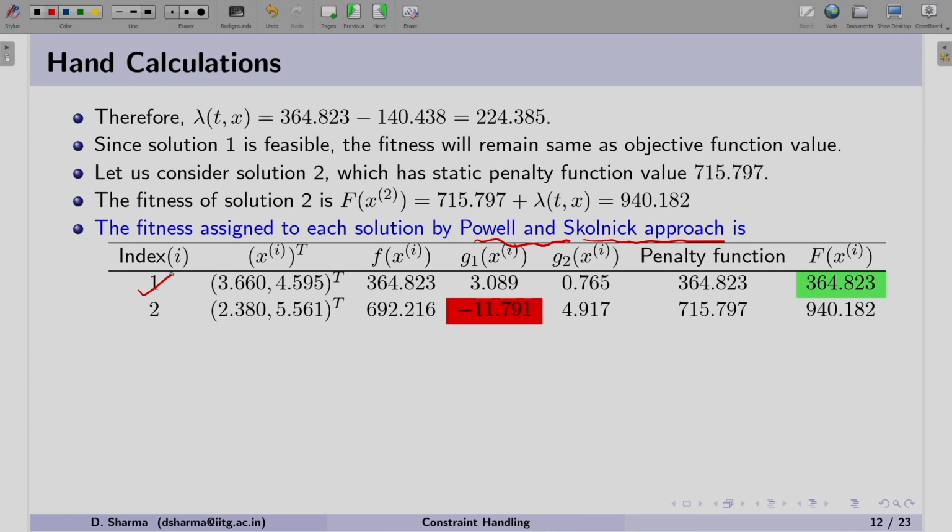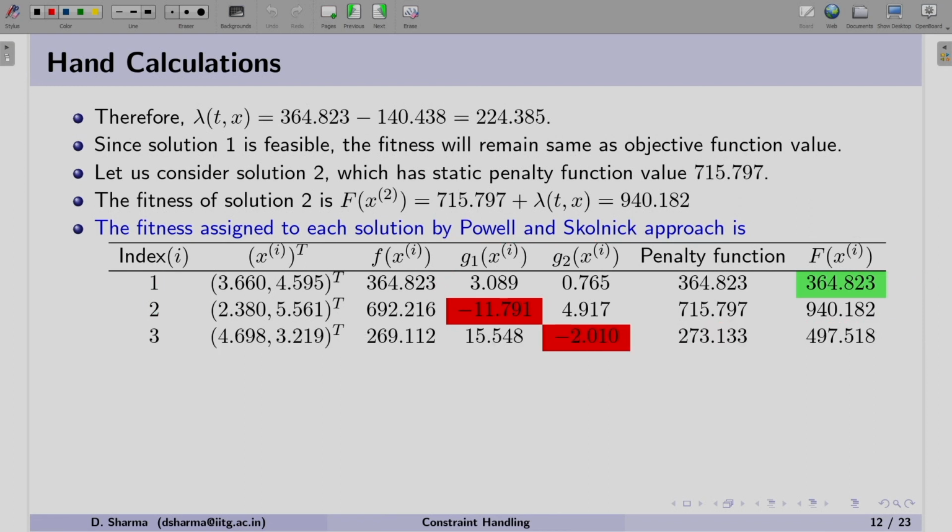Solution 1, as we know, is a feasible solution. That is why the fitness value, as you can see in the last column, is the same as the objective function value. For solution number 2, in the previous calculation we have already calculated the penalty function value. Now, we are adding lambda. So, in the last column we can see the fitness of solution 2 as 940.182.